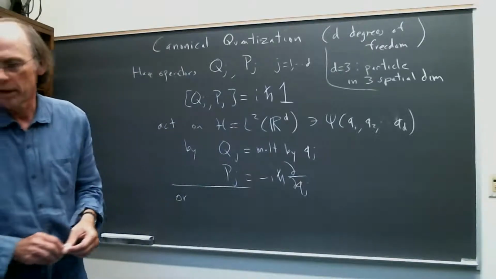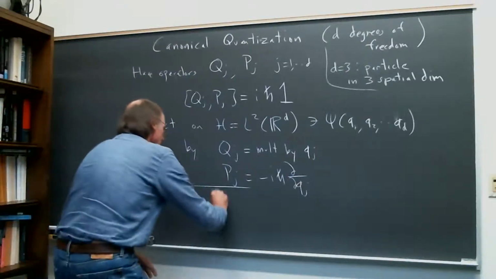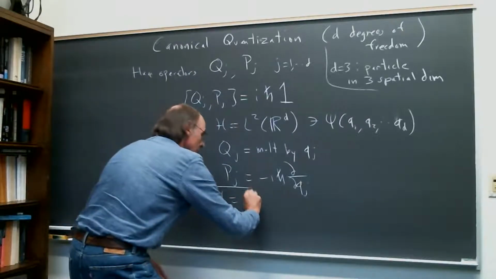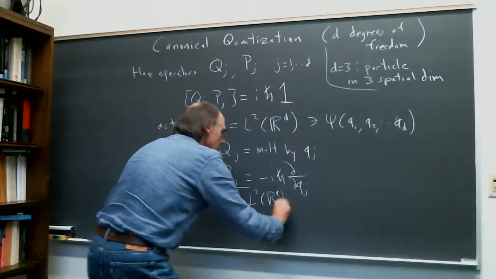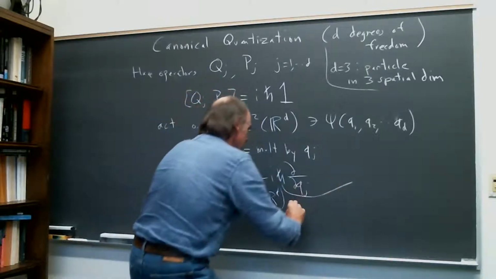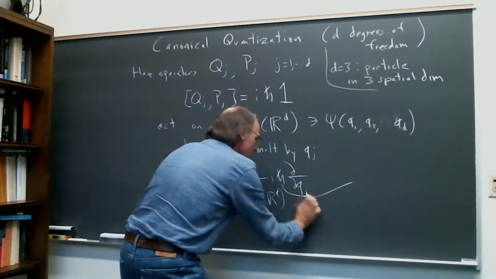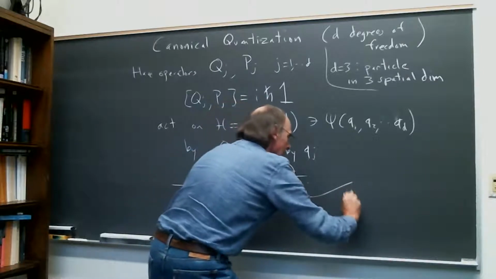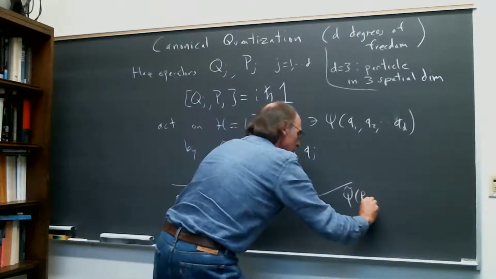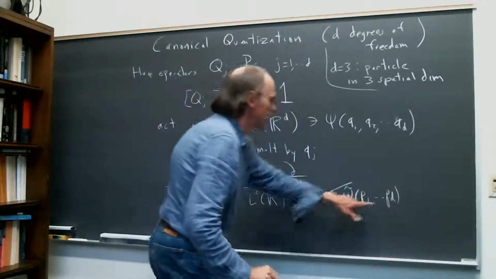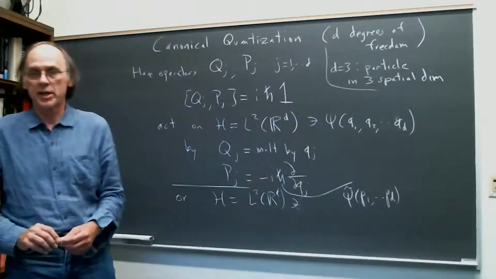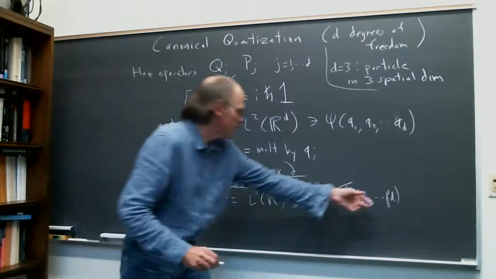So H is equal to L2 of R^d, where now you've got functions psi tilde of p_1 up to p_d, which are functions of a Fourier transform variable with an interpretation as the momenta.